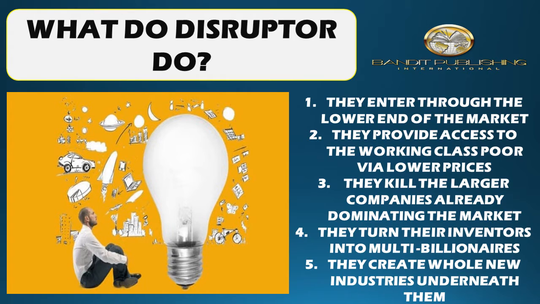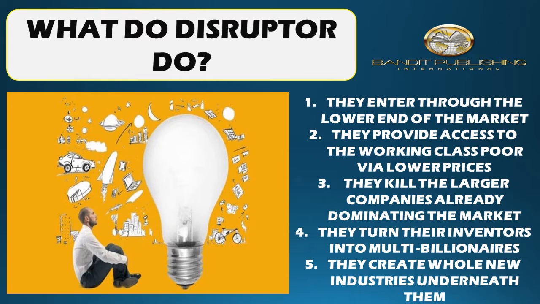And the big moneyed companies don't want to go down there because it's not as profitable. Why would they want to go down there and make $5 in profit when they can stay up here where it's cushy and nice and make $1,000 in profit or $1 million in profit per unit that they sell? So they enter the market at the bottom, and they just cannibalize all of the people at the bottom who couldn't afford what the wealthy people could afford.